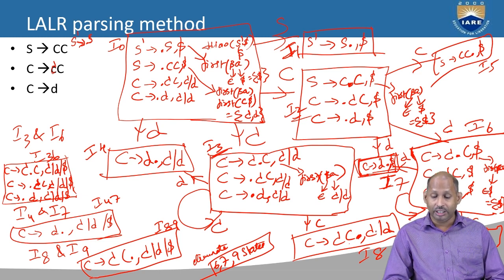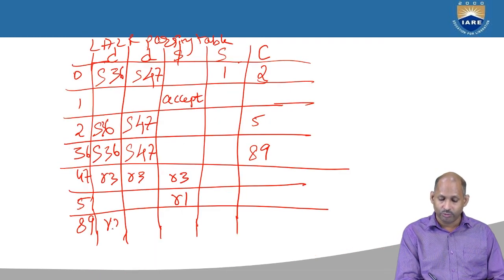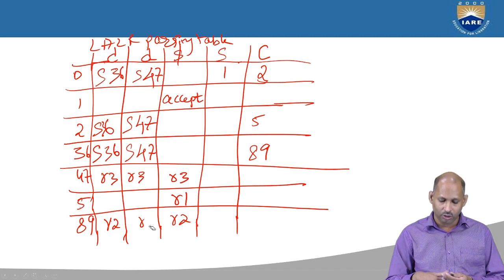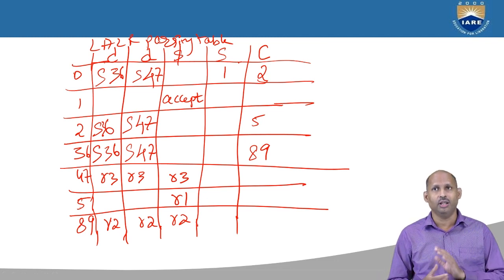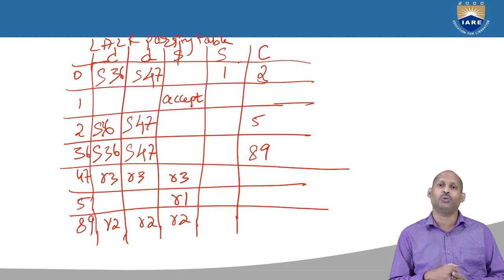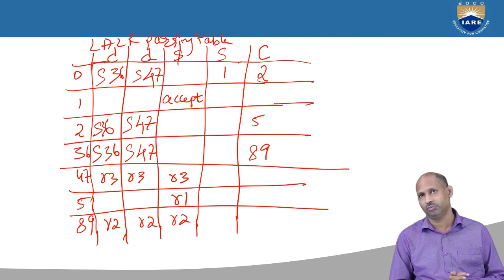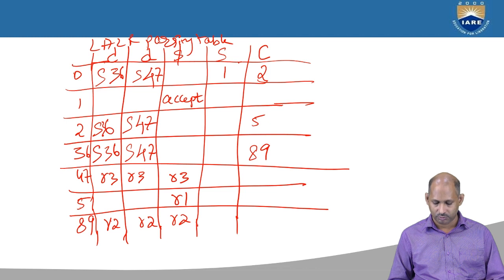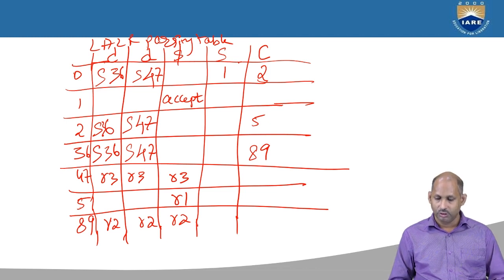So write reduce production number 2 for all the terminal symbols C, D, dollar. In the 3 columns, we write reduce production number 2. 8, 9. Right? Is it clear?